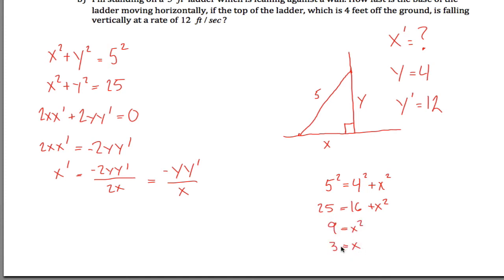Really plus or minus 3. But in this case, since we're talking about length, we can just call it positive 3. So what I can do is plug in those values. Negative, see, it looked like y was 4, y prime is 12, and x is 3. I think that's negative 16, which is the answer.